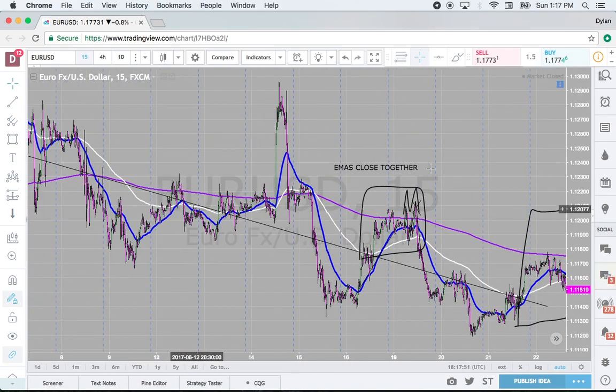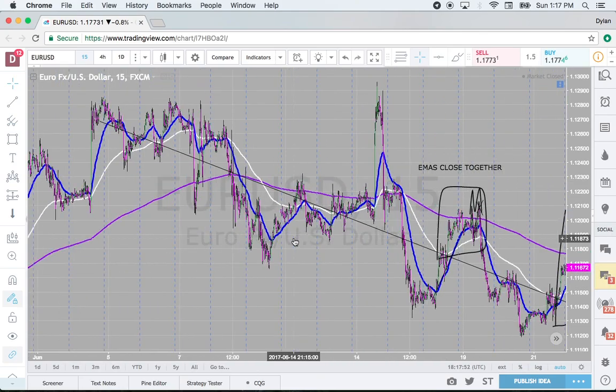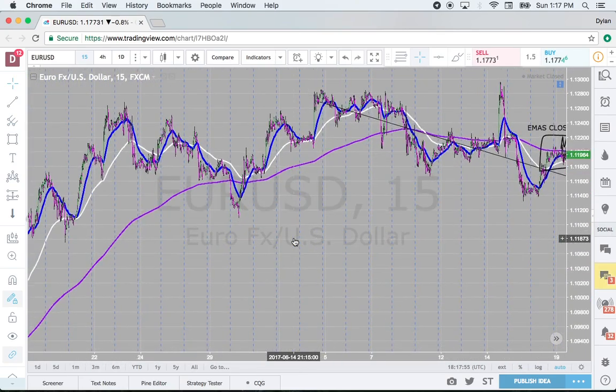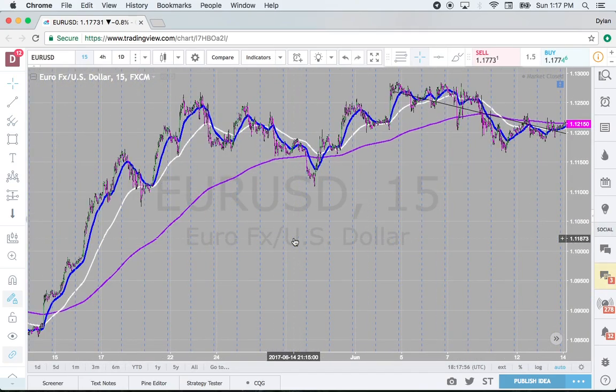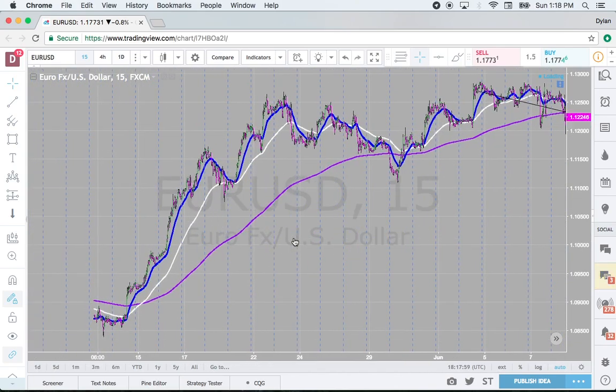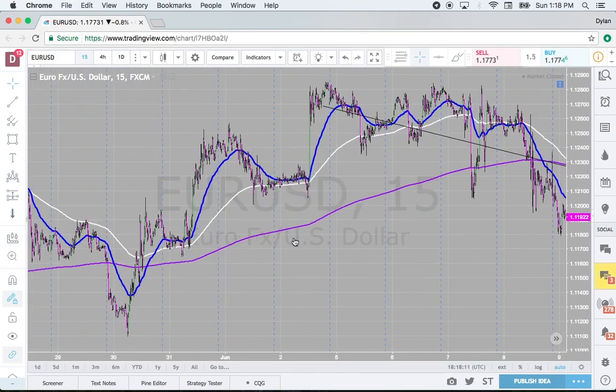This is just understanding the exponential moving averages, you guys. So this will help you as beginners to have a greater understanding of how price moves.